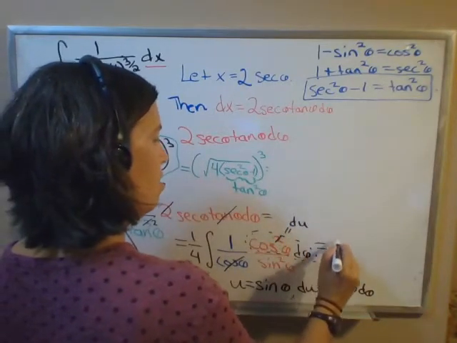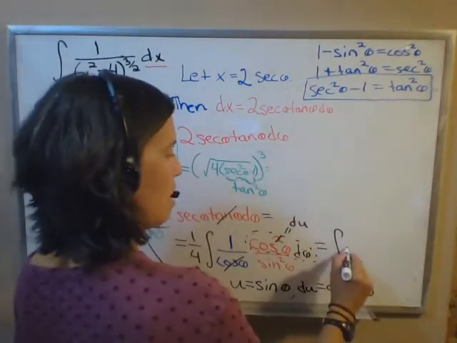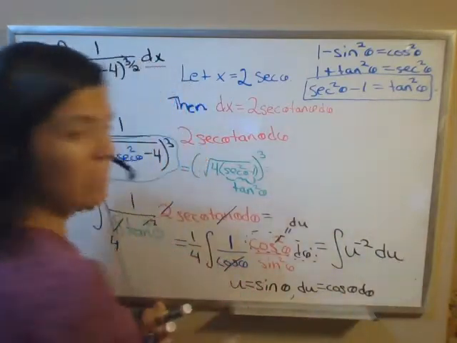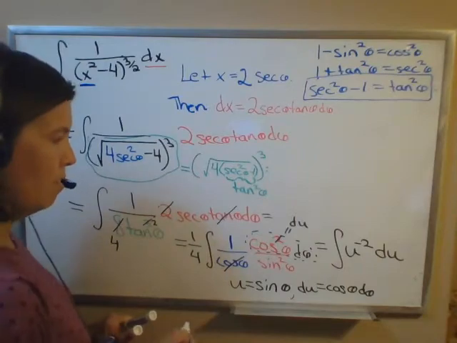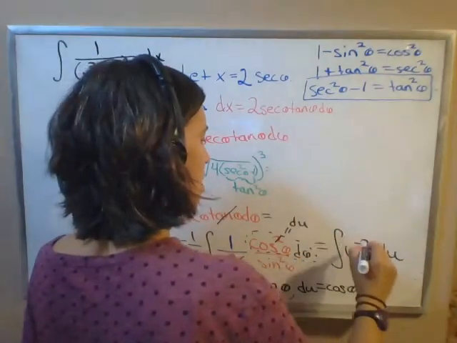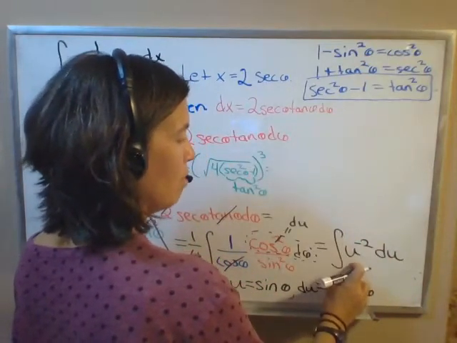So then this integral actually has the form 1 over u squared, so that's u to the negative 2, times cosine theta d theta, which is du. So the antiderivative would be u to the negative 1 over negative 1.